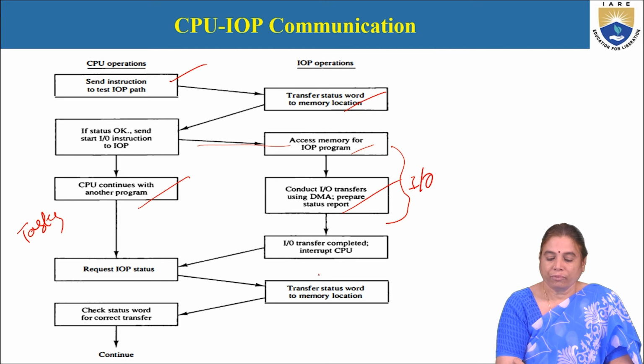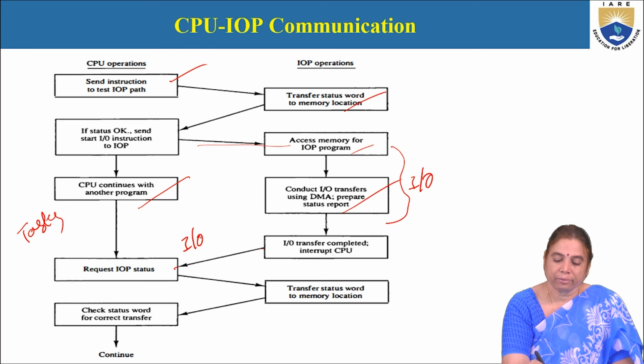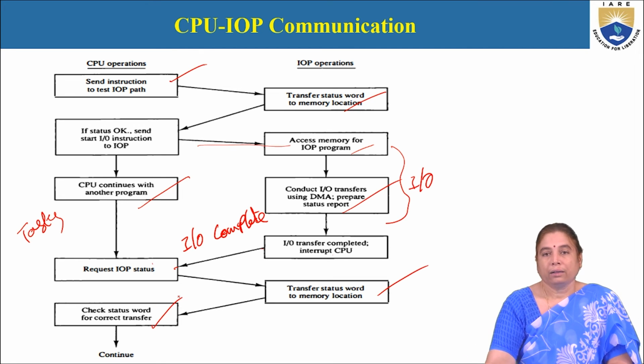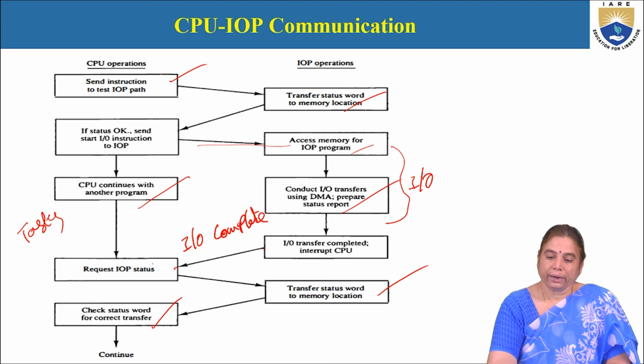After completion of this, the IOP interrupts the CPU to indicate that the I/O transfer is completed. So the CPU can use the transfer status word in the memory location and continue with the other tasks that have to be executed by the CPU. In this way, the CPU and IOP can communicate.